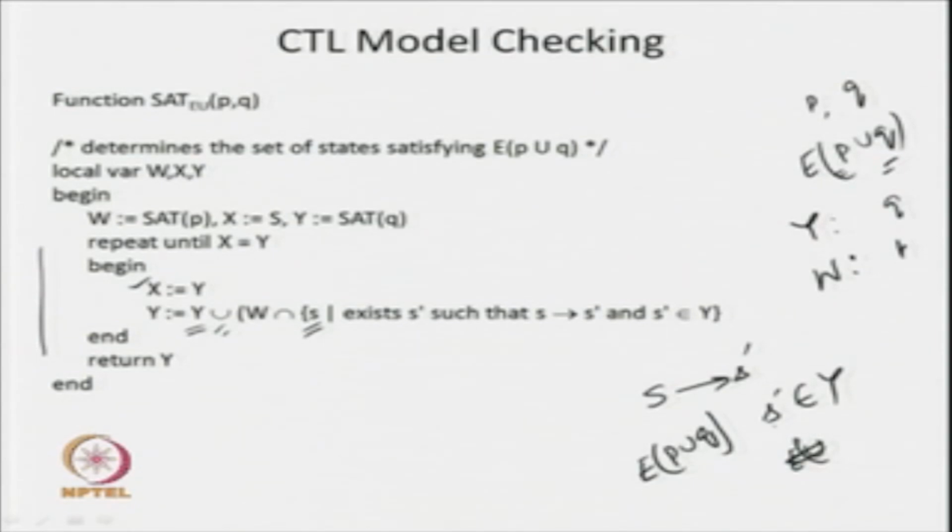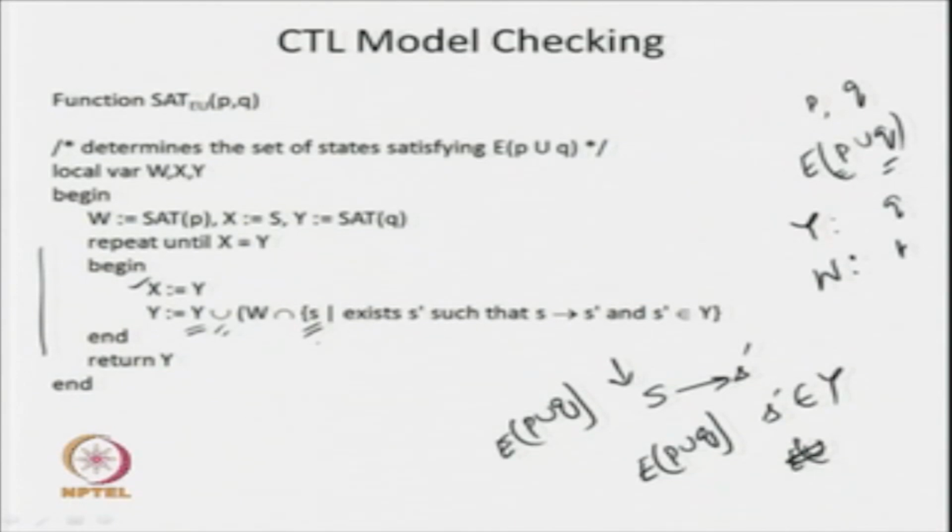So, if we have a transition from S to the set of states where E P until Q is true, then we can say that in S, E P until Q is true. Okay. So, that is why we are appending it.